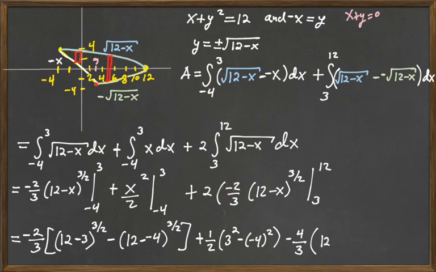Okay. So minus 4/3, 12 minus 12 to the 3/2 minus 12 minus 3 to the 3/2. Okay. And so we'll just continue this on the next page here.